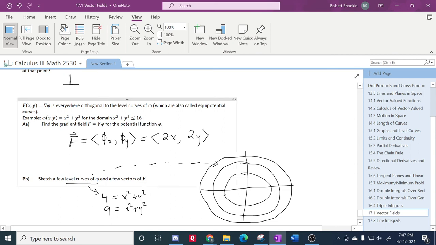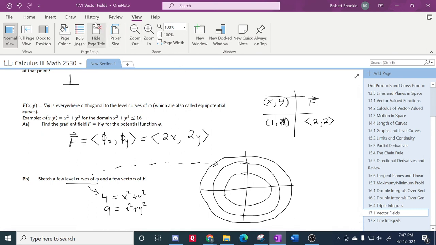And then gradient fields and a few vectors of F. If you graph any of the F, so x, y, here's a point. If I take my point to be 1, 1 to start with, then I would get 2, 2.